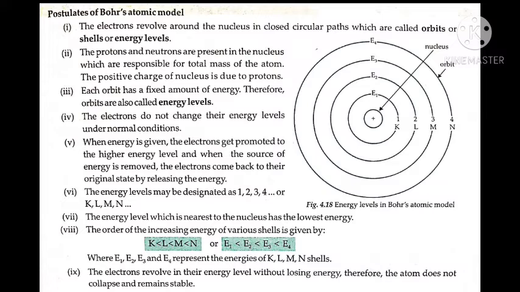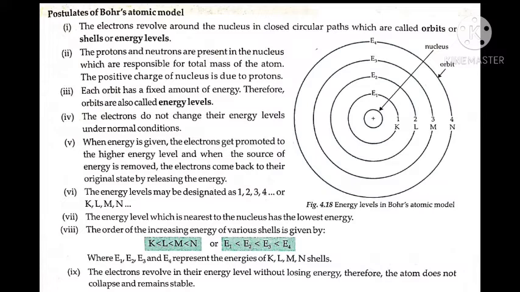The energy levels may be designated as 1, 2, 3, 4, etc., or K, L, M, N. The energy level which is nearest to the nucleus has the lowest energy. The order of increasing energy of various shells is K, L, M, N in the increasing order.